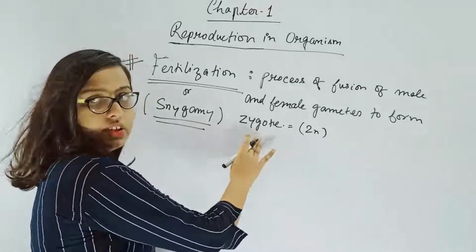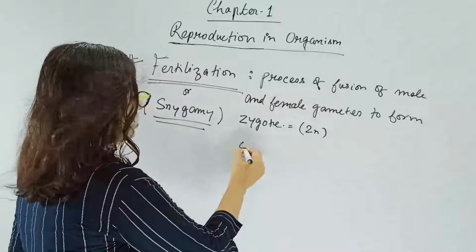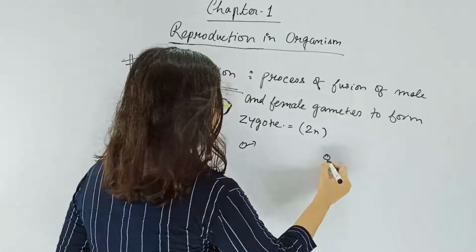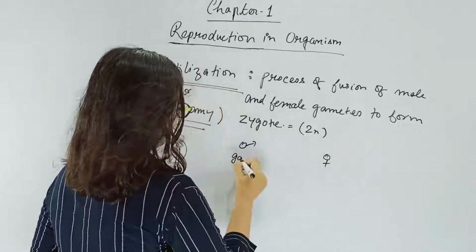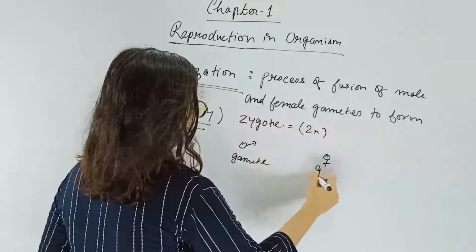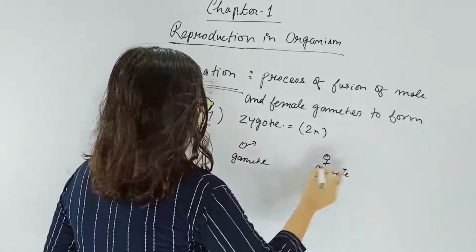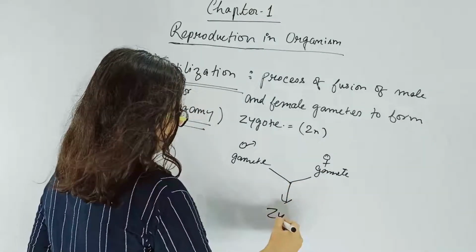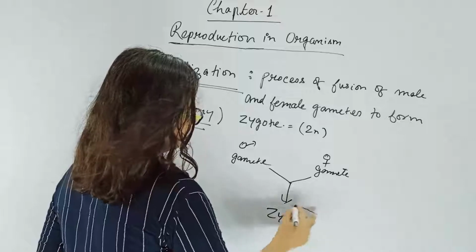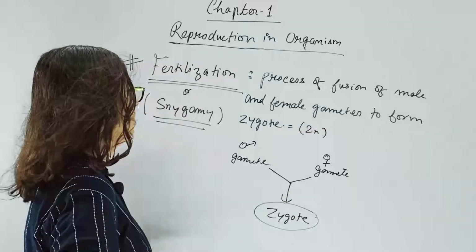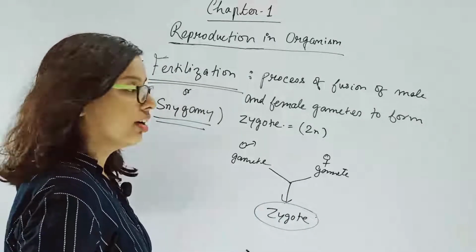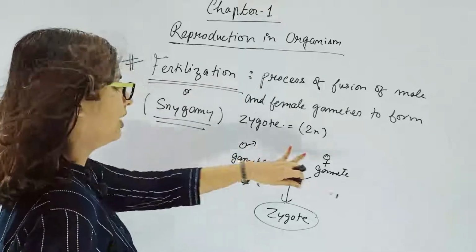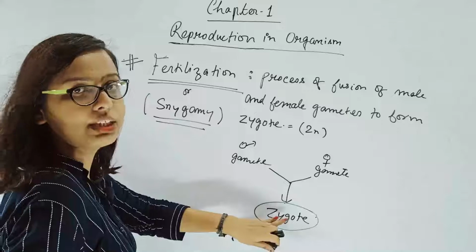So for the formation of zygote, there has to be a male gamete and a female gamete. Fertilization has to happen and zygote formation will take place. So this is the simple depiction of fertilization. Male gamete and female gamete fuse to form the zygote.